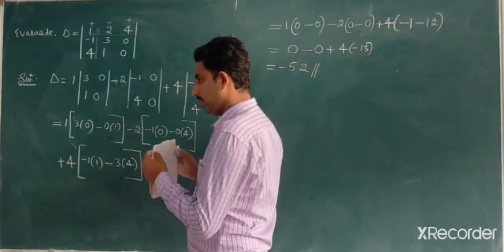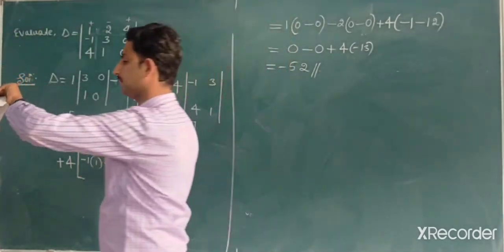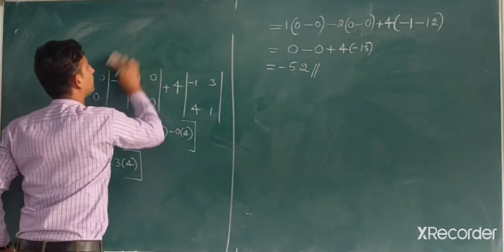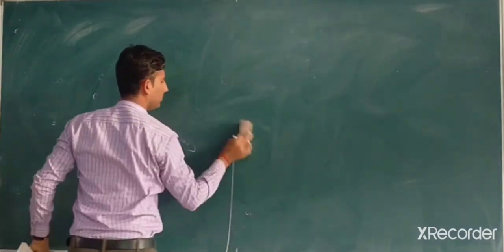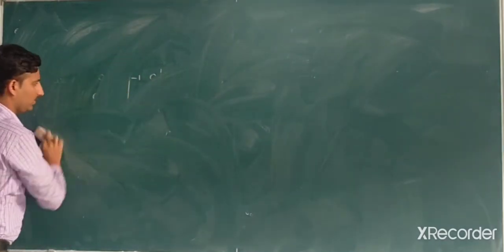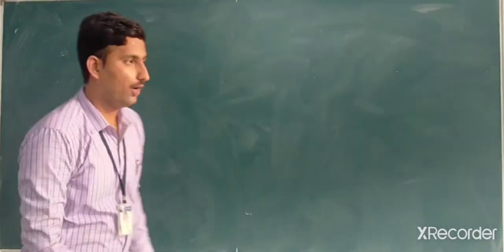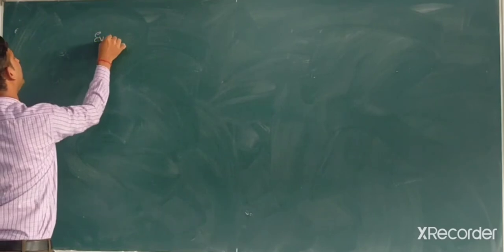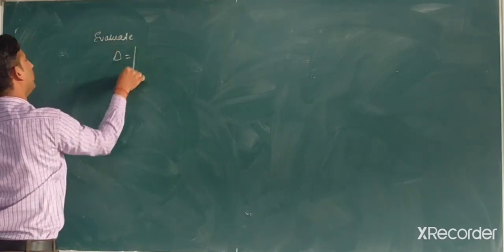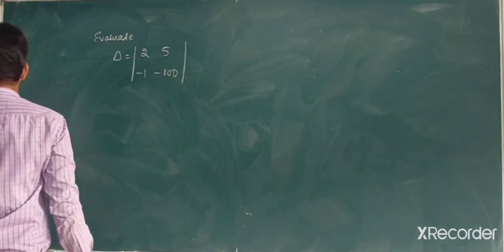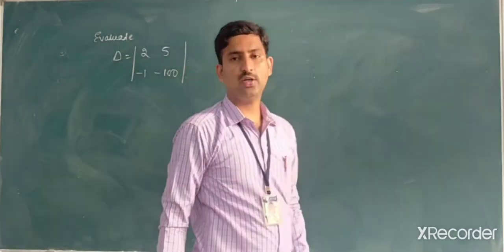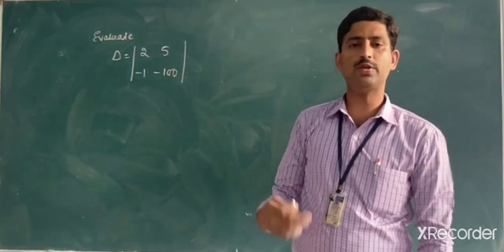After that, you may take one more problem. Evaluate delta is equal to the determinant with rows 2, 5 and minus 1, minus 100. This is a matrix of order 2 cross 2, but our job is to find the answer. Solution.